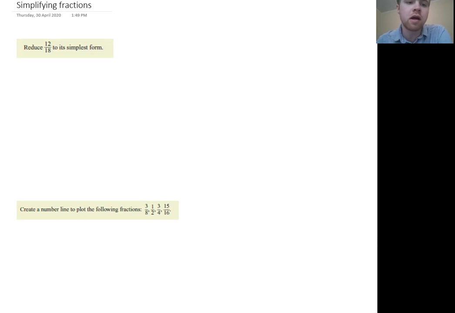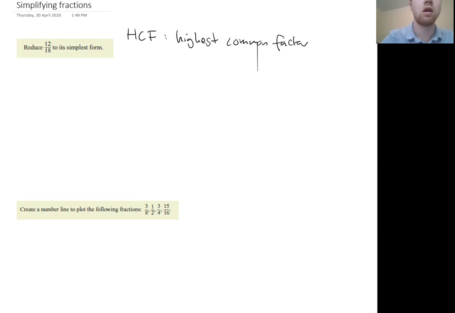A factor is something that you can divide a number by evenly, as in it's going to make a whole number when you divide it. So we need to find the HCF, or the highest common factor. That is what we're going to use when we are trying to solve this.